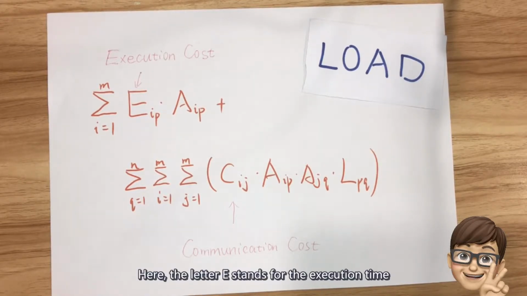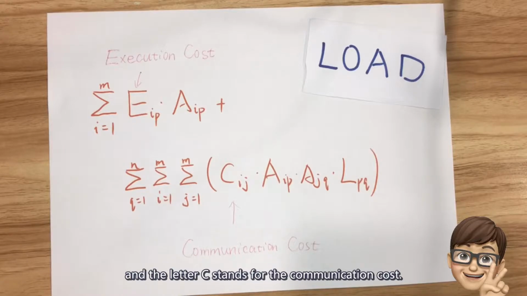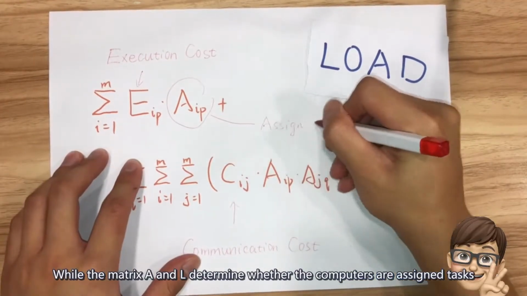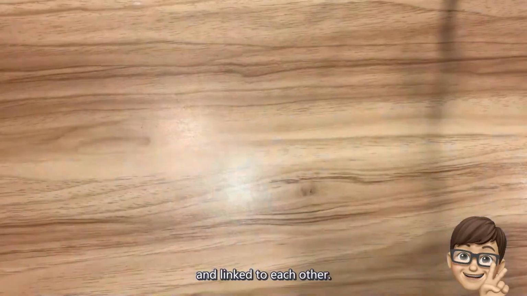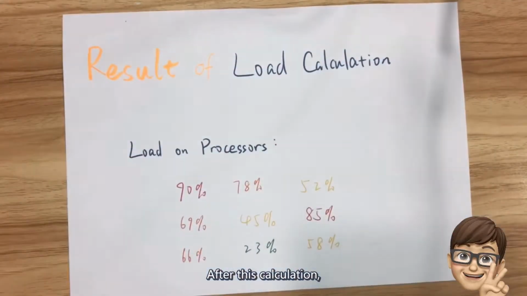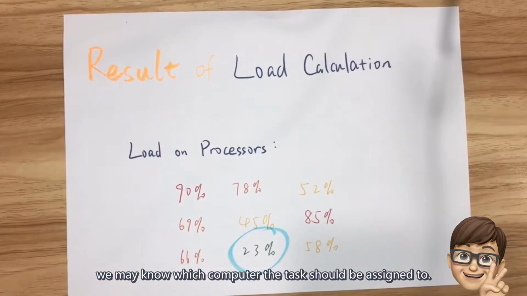Here, the letter E stands for the execution time, and the letter C stands for the communication cost, while the matrix A and L determine whether the computers are assigned tasks and linked to each other. After this calculation, we may know which computer the task should be assigned to.